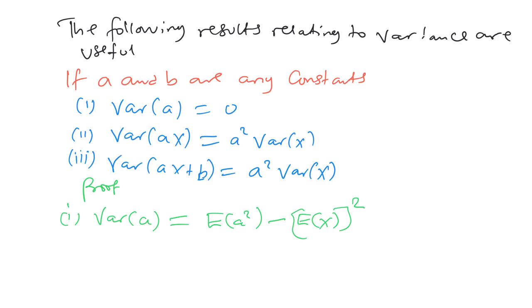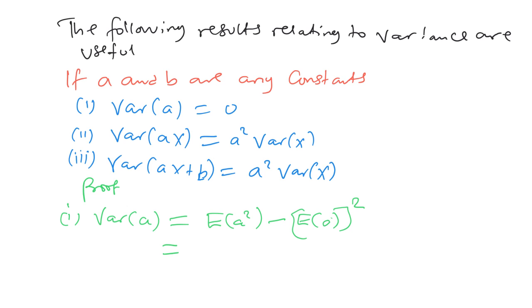Okay, so what do we get here? From our discussion yesterday, we said the expectation of a constant is a constant. So even if the constant is squared, when you square a constant, you get another constant.